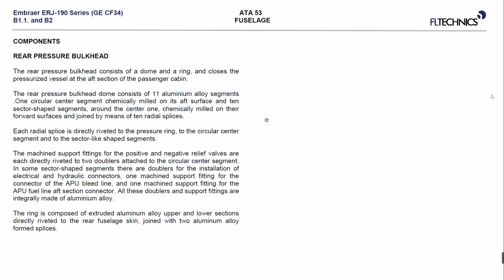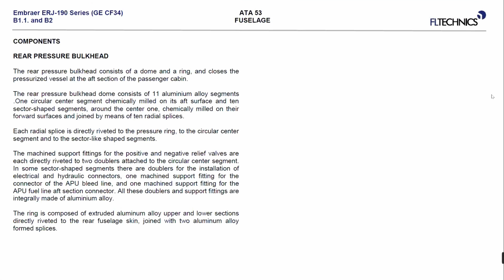The rear pressure bulkhead consists of 11 aluminum alloy segments, and it's making this aft or rear pressure bulkhead. We have a dome and a ring, which is closing actually the pressurized fuselage. On these segments, we have openings in which we install the positive and the negative relief valves.